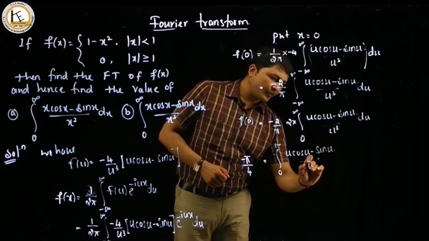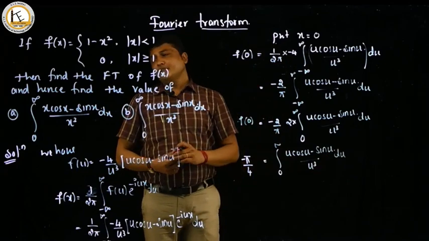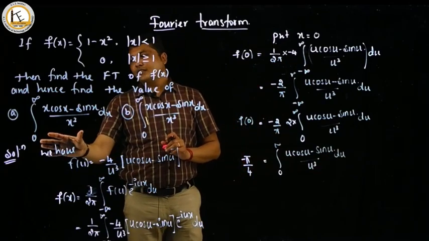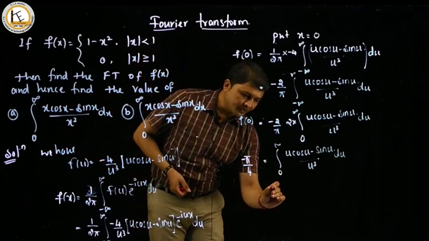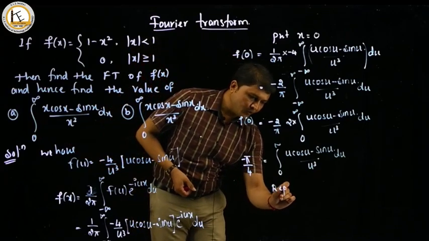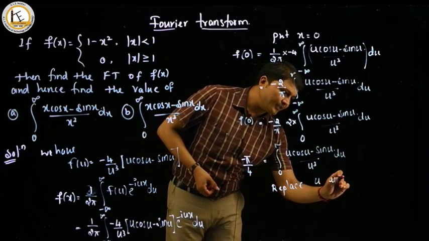divided by u cube with respect to u. And since we need to find the value of this integral and here the variable is x, therefore the last step is to replace u as x.